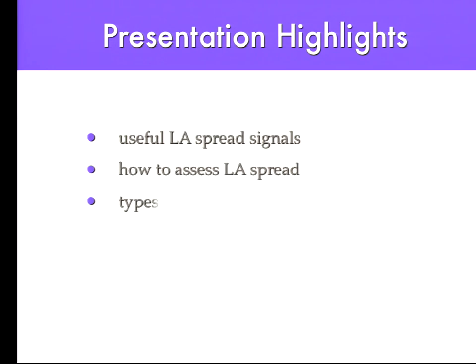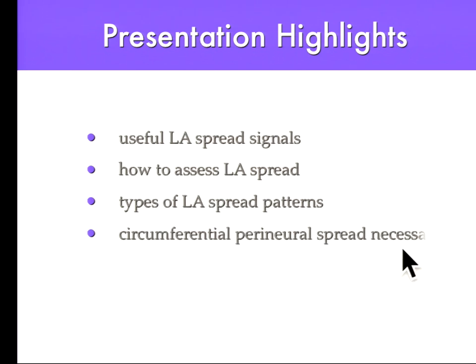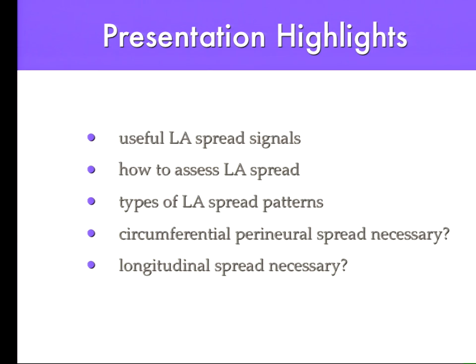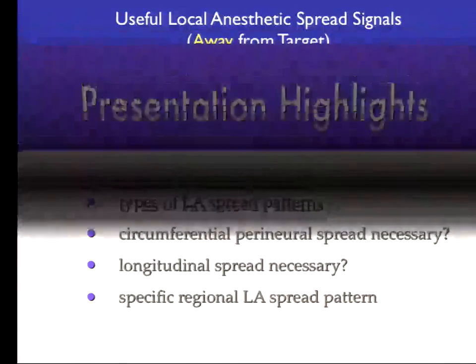How do we scan? Third is what type of local anesthetic spread patterns? Do we always need a circumferential spread when we inject the local anesthetic around the nerve? And how much longitudinal spread does it require to produce a good block? And also discuss some of the local anesthetic spread patterns in specific regions of the body.